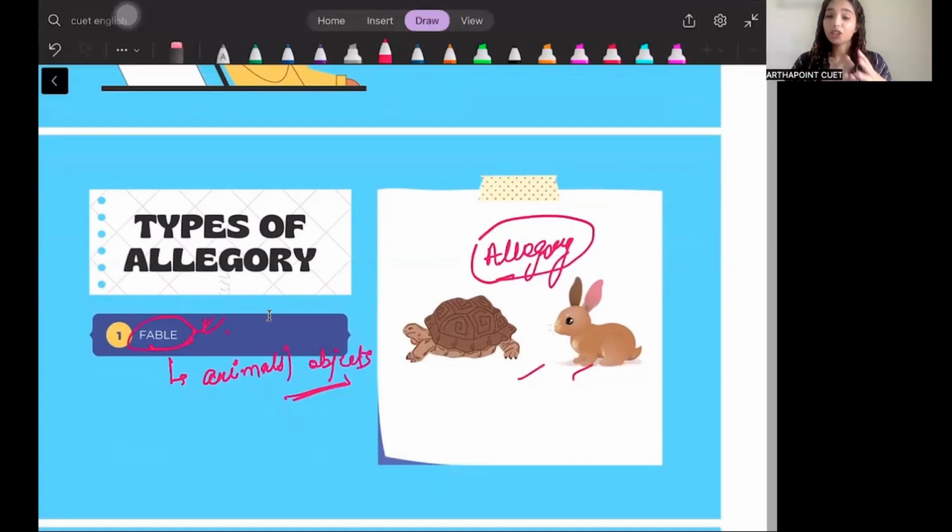The ants have sufficient food for their survival, whereas the grasshopper ends up suffering during that period. Right. So through the ant and the grasshopper, it teaches us that one must make the best use of the present situation rather than suffering later. So the use of animals to present a moral meaning, that is what a fable is.